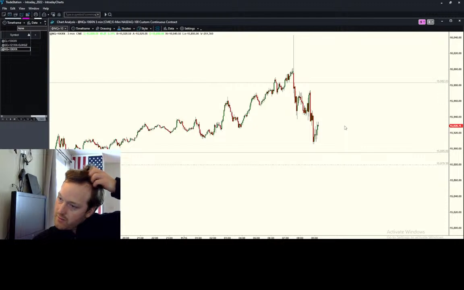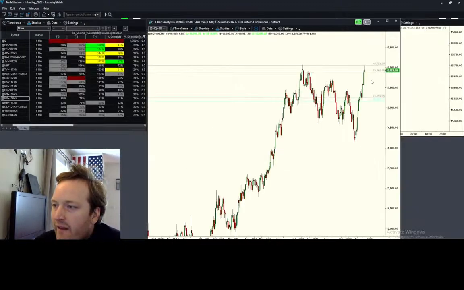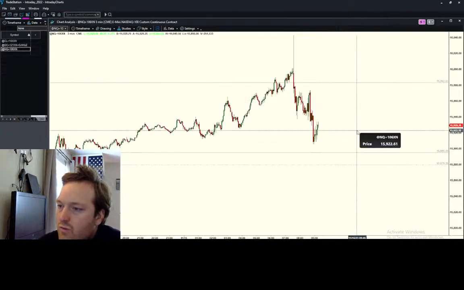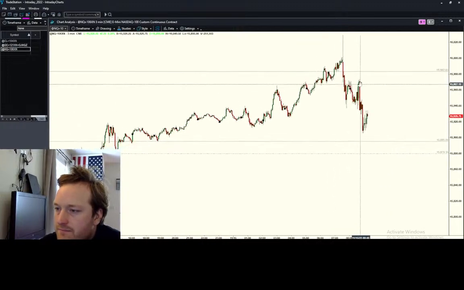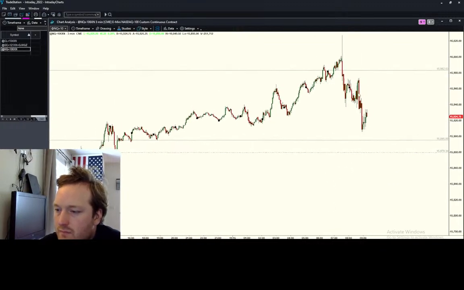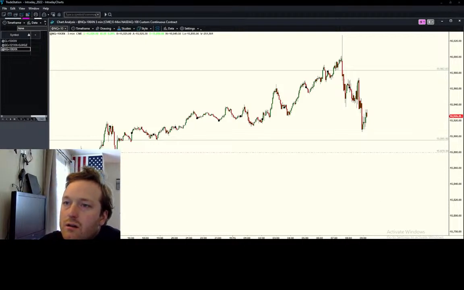I'm glad I got out, though. That was too much risk. The daily chart is just waiting to break lower. Down 530 on the day. That's all there is to it right now.